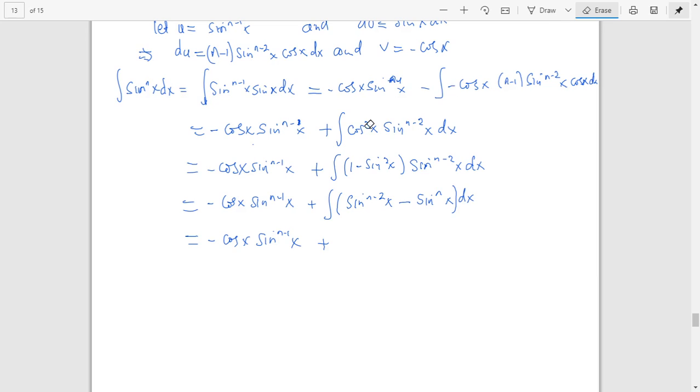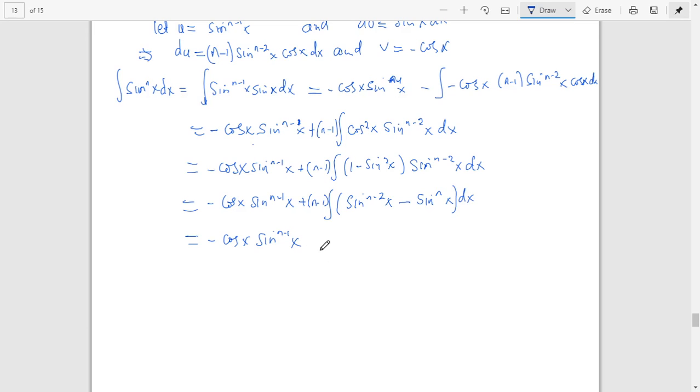Okay, I'm going to squeeze it in here. Sorry about this error. So I have n minus 1 here, plus n minus 1, plus here n minus 1. Right.